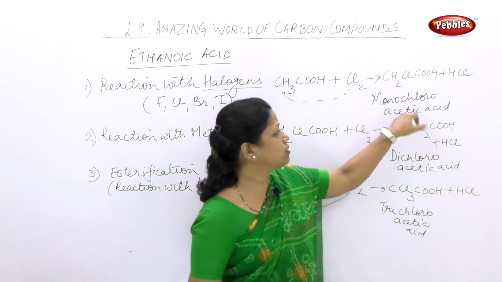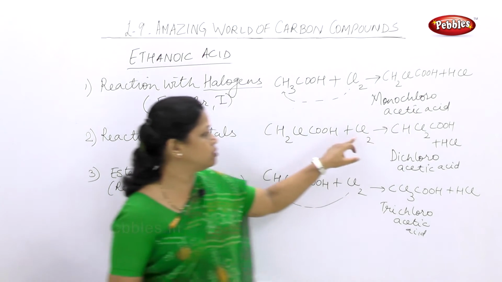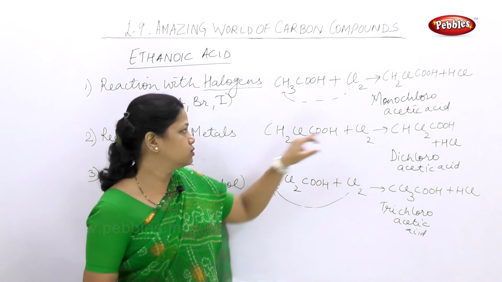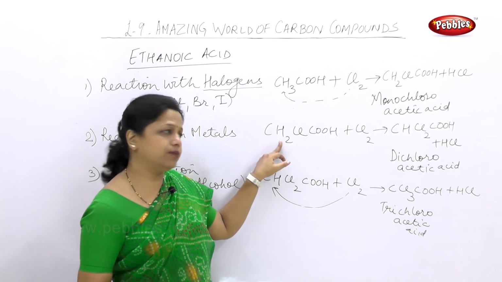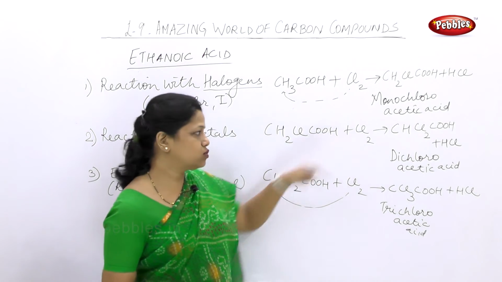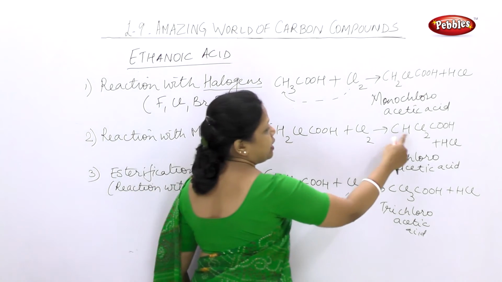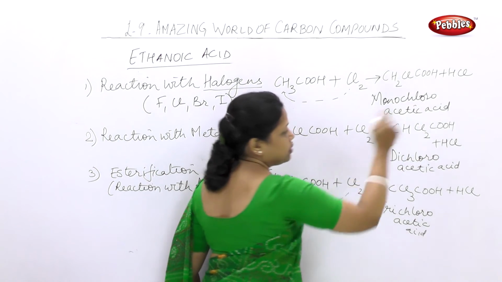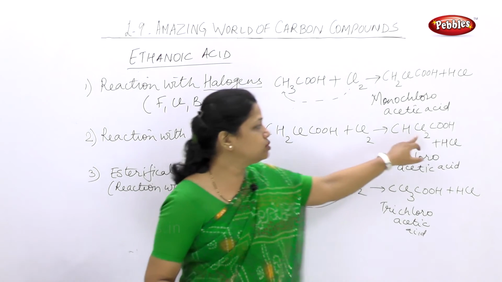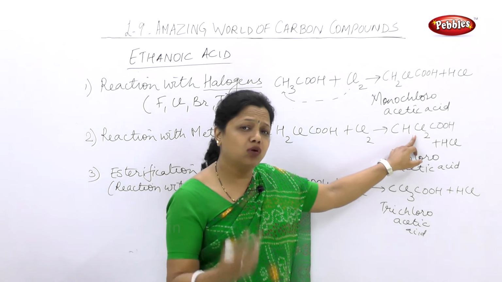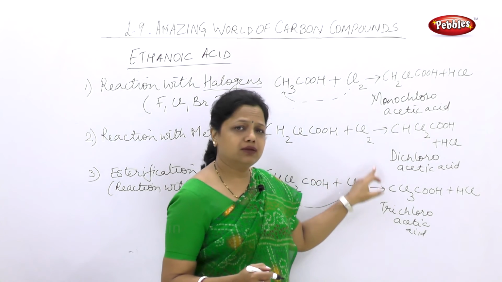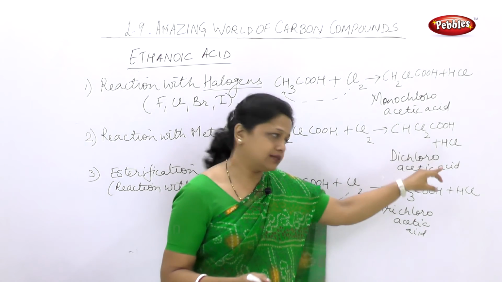Now this monochloroacetic acid, if it continuously goes on reacting with chlorine again, so another hydrogen will be replaced by this chlorine atom. So we are left with CHCl2 COOH. Now here 2 Cl's are there. So instead of mono you will write di. So dichloroacetic acid.